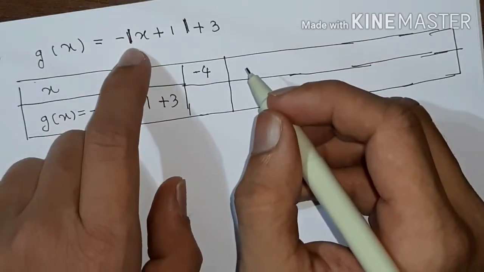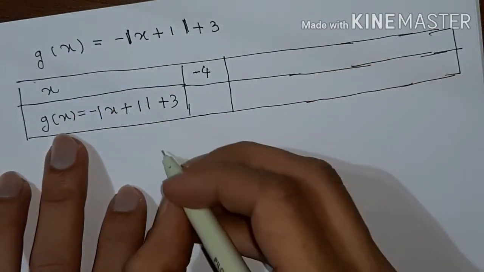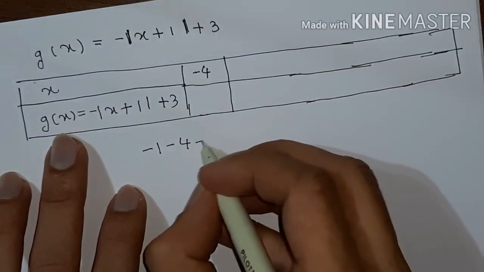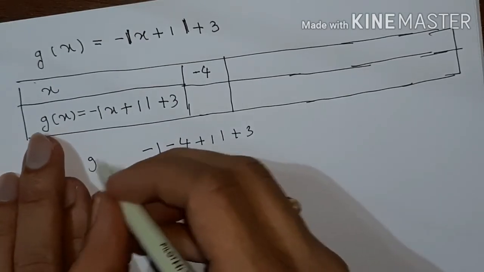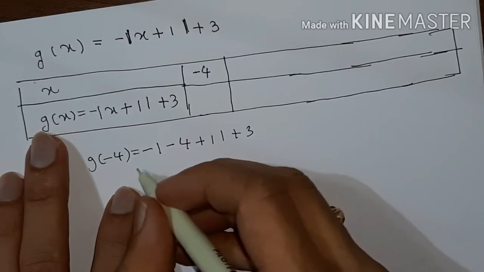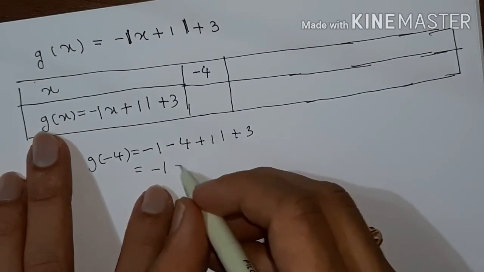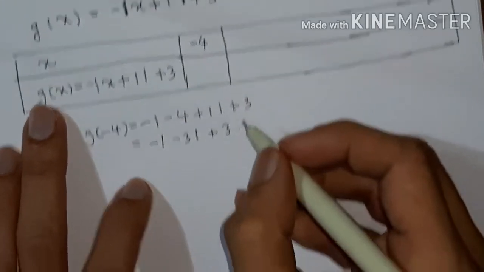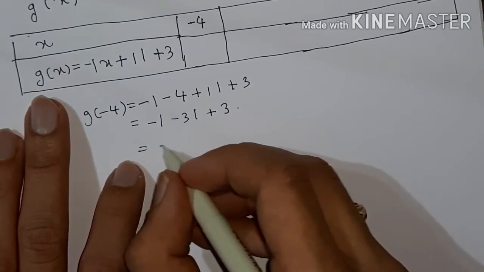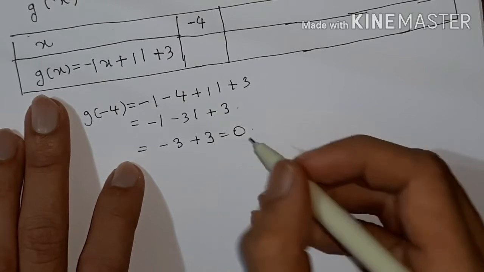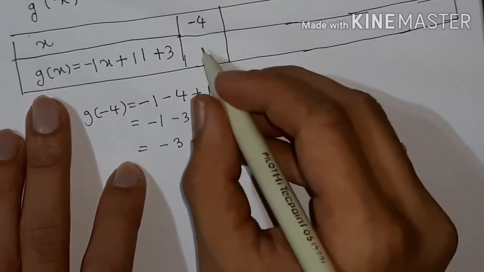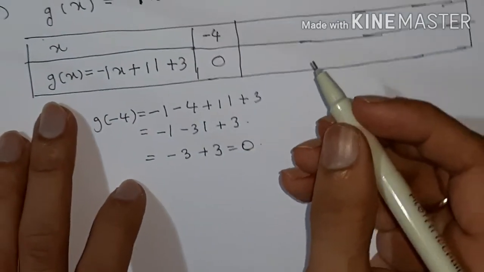Okay, so what we'll get, if you look at g of minus 4, that is minus of modulus of minus 4 plus 1, plus 3. So that is minus of modulus of minus 3, plus 3, which is minus 3 plus 3, which is 0. Okay, so you will get 0 here.